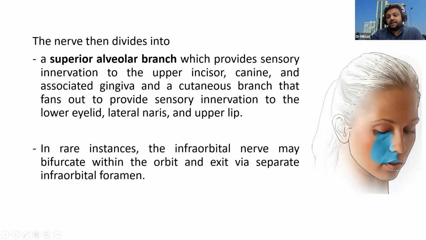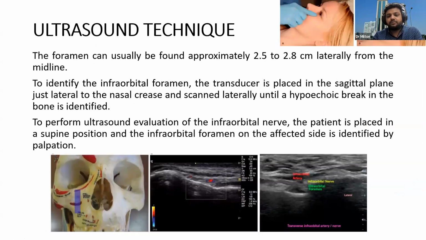This area shown here is supplied by the alveolar branch, and some other very small branches may divide into multiple branches. But the nerve exits through the infraorbital foramen, so our target is the infraorbital foramen.